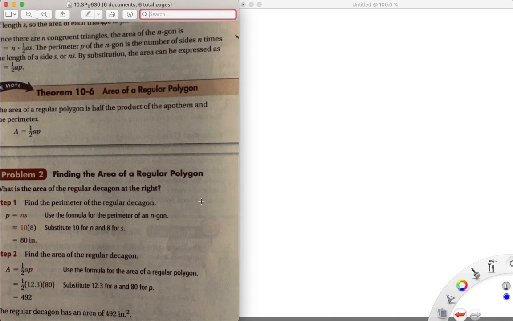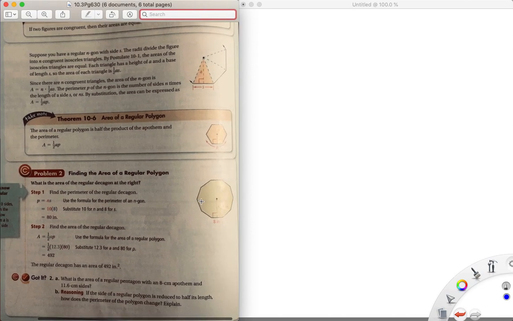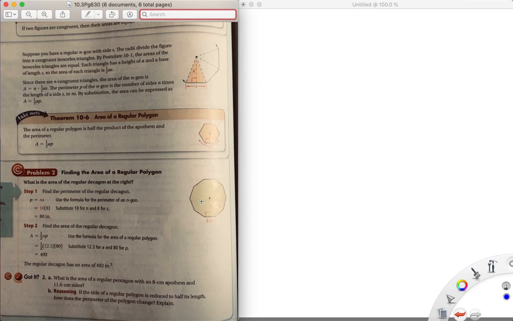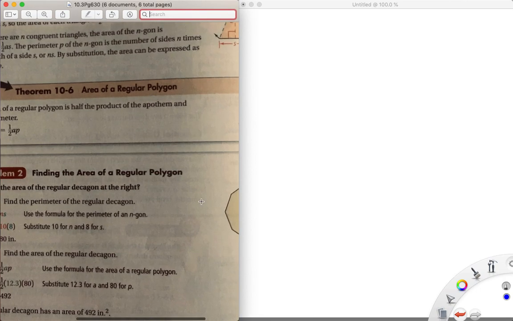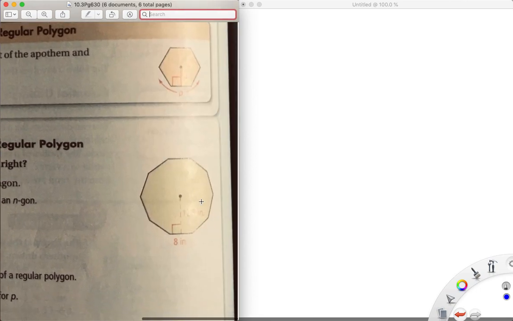So, with that information in mind, they give me an example to find the perimeter of this decagon. Oh, I can't read that.